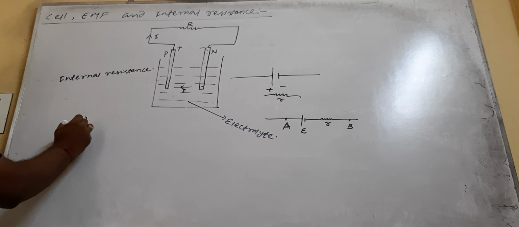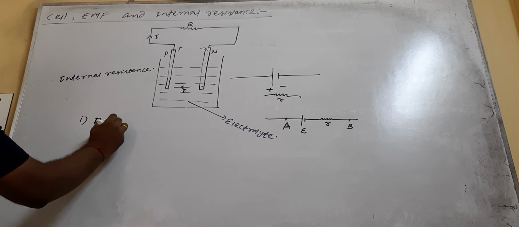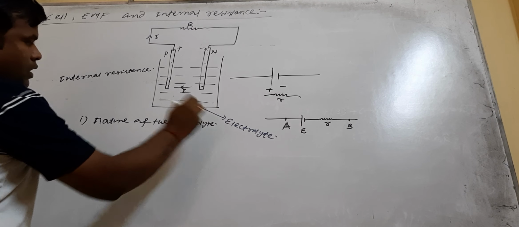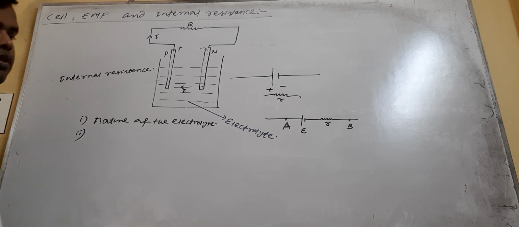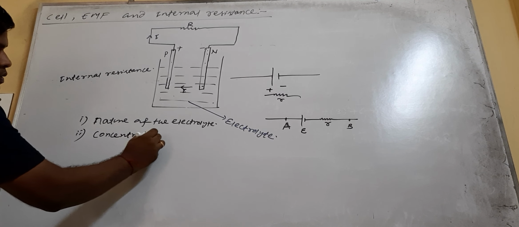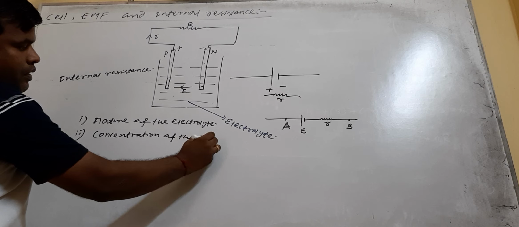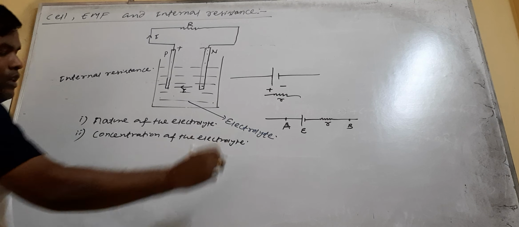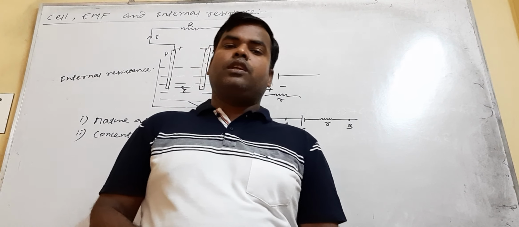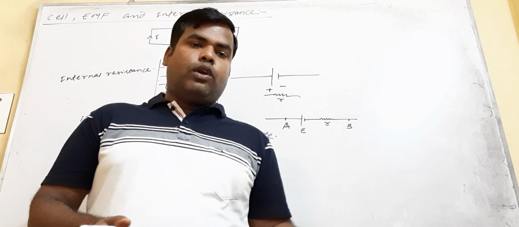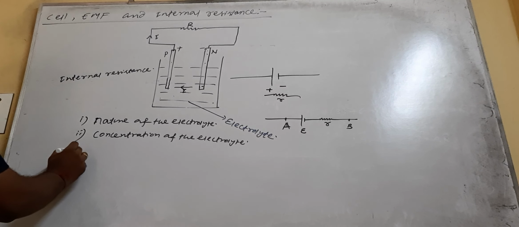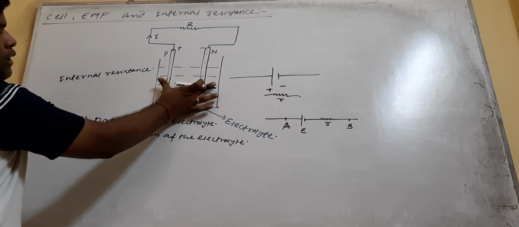Number two, it depends upon the concentration of the electrolyte. The more the concentration of the electrolyte, the more the opposition offered by the electrolyte, that means the more the internal resistance. And it also depends upon the distance between the two electrodes.